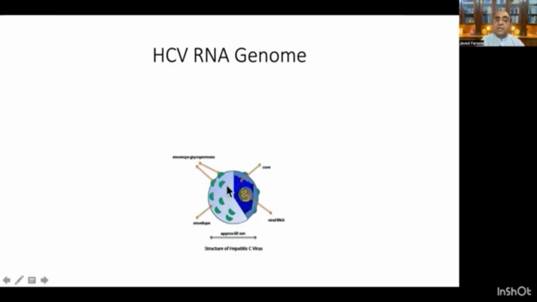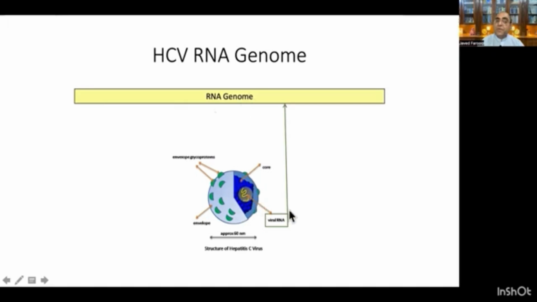This is again the envelope, and these are the projecting glycoproteins, and this is the nucleocapsid, and this yellow is the HCV RNA genome, which I told is 50 to 60 nanometer. Now we shall discuss the components of this genome. If we spread the RNA genome in linear form, it consists of a single open reading frame.